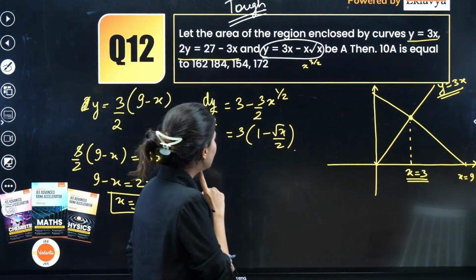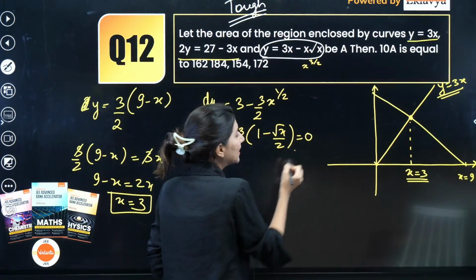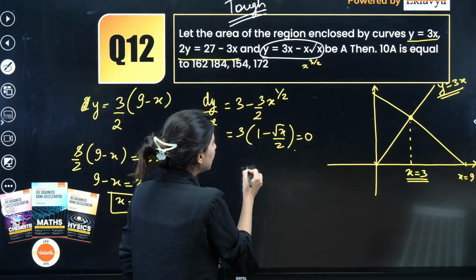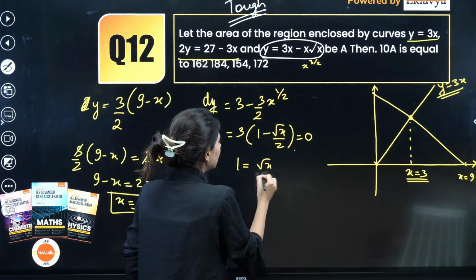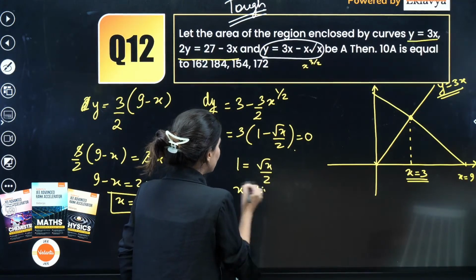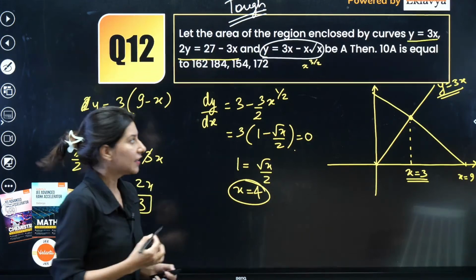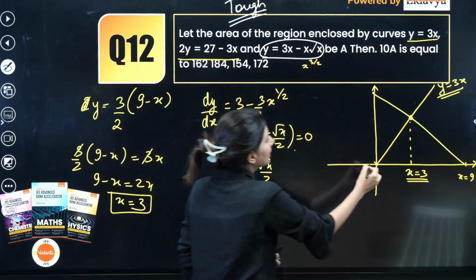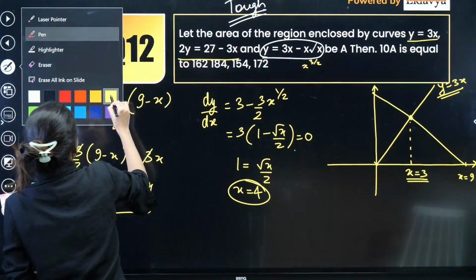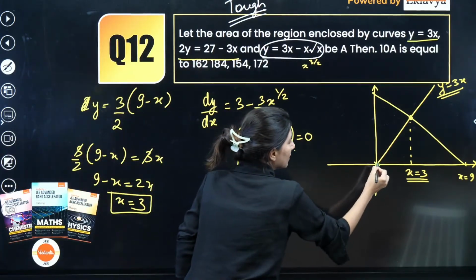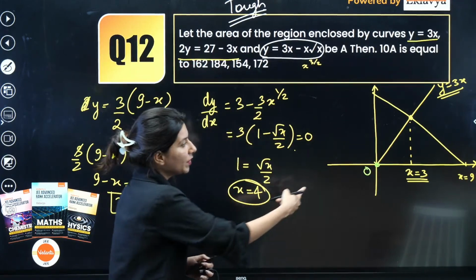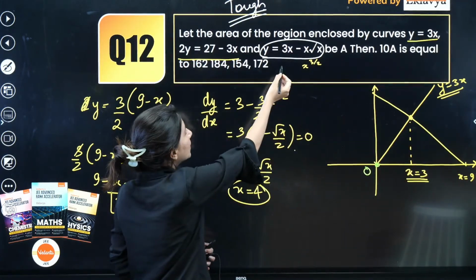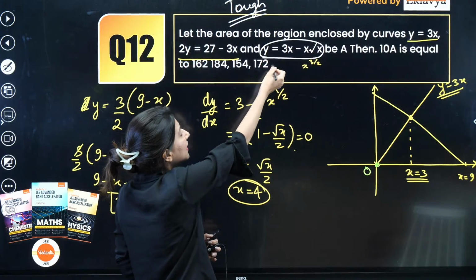So if I observe this, if I find the critical point from this, can you clearly see 1 is equal to root x by 2, critical point is x equals to 4, right? And the moment I put x equals to 0 over here, this curve will pass through 0. And the moment I put x equals to 9 over here, tell me what is the value at x equals to 9?